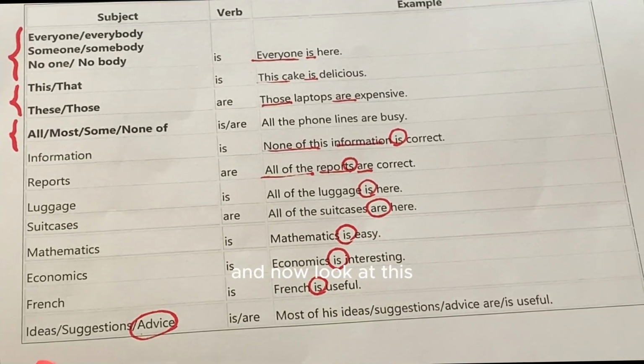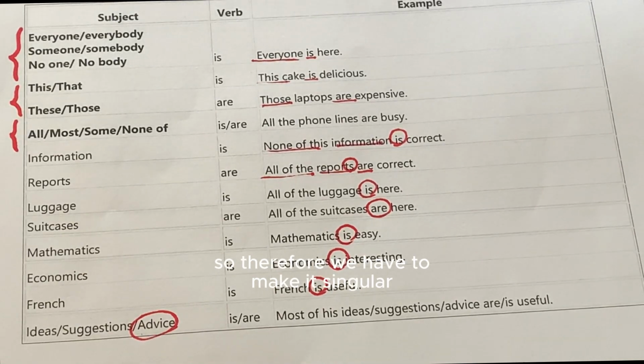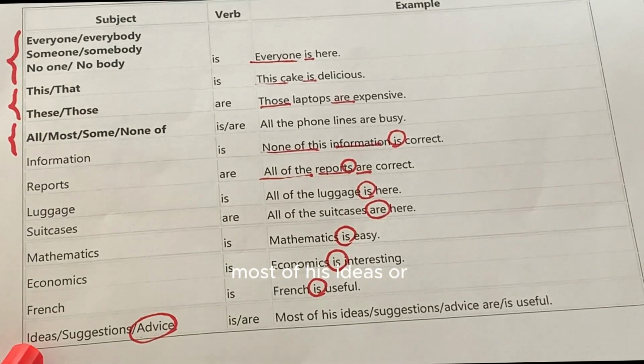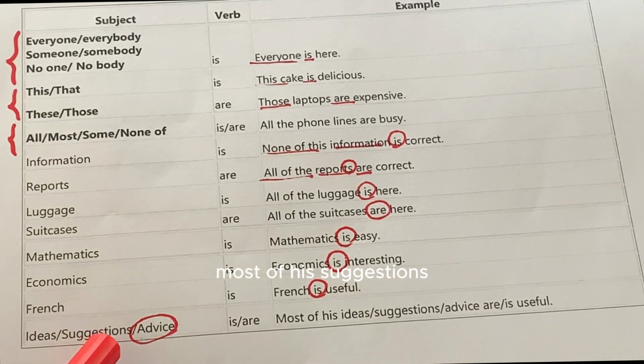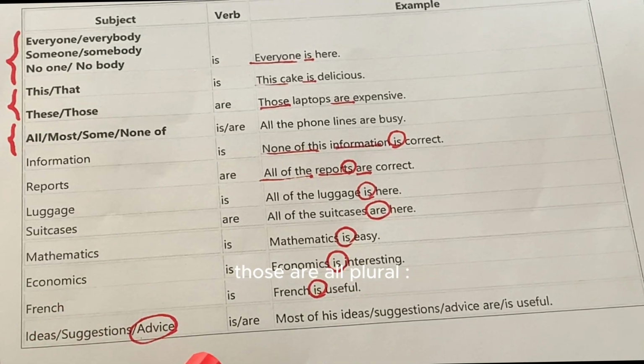And now look at this. Most of his advice is useful. Why? Because advice is one of those non-countable nouns, right? So therefore we have to make it singular. Now if it said, for example, most of his ideas or most of his suggestions or most of his recommendations, those are all plural.